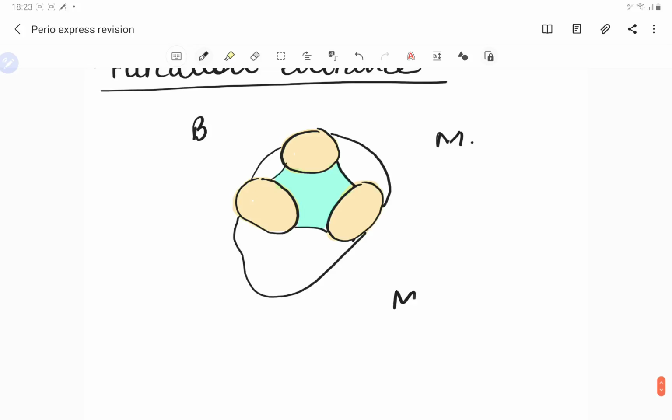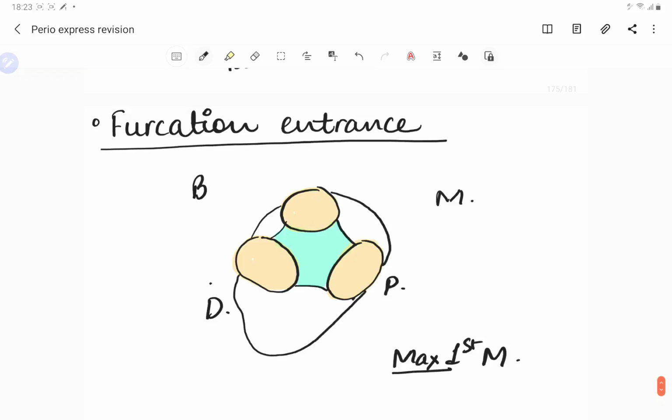If you can see here, 3 roots. So this is a maxillary first molar. Then here this is the palatal root, right? Buccal, then this one is the distal part. So if you can see here guys, furcation entrance, that means from where we are entering. So this is the furcation area, this one, and the entry of the furcation, the entrance of the furcation, is the furcation entrance.